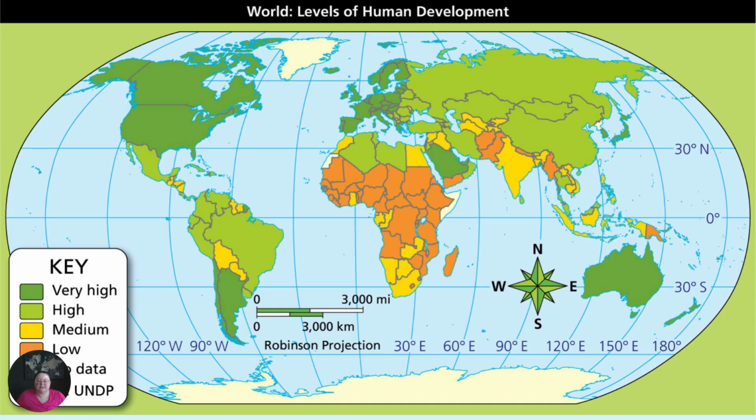So as you can see, some examples of highly developed countries would be the United States, most of Western Europe, Saudi Arabia, and Australia. Some high but not very high developed countries would be Brazil, China, and Russia. Some medium countries include India and South Africa. And some low developed countries would be countries like Afghanistan or the Congo.